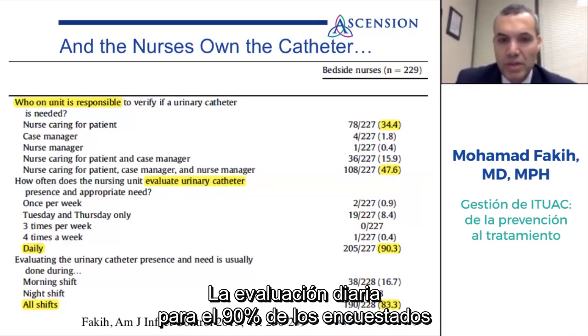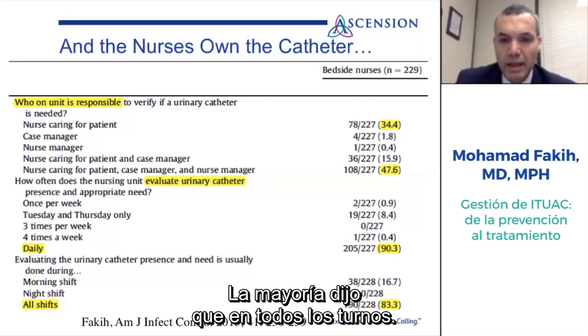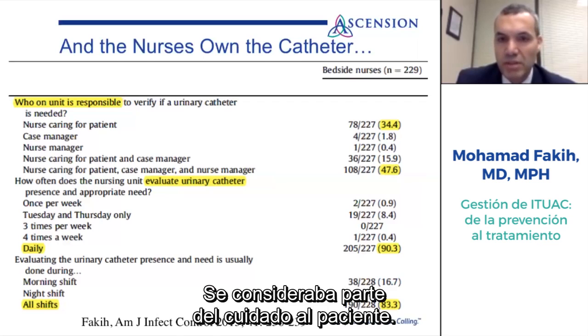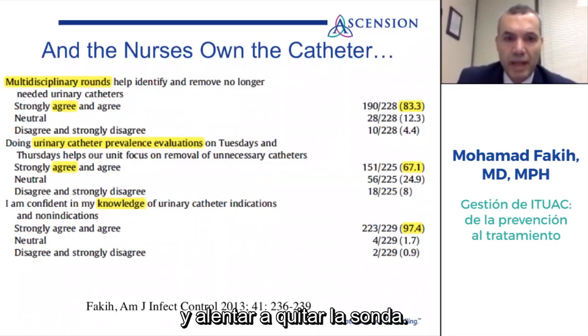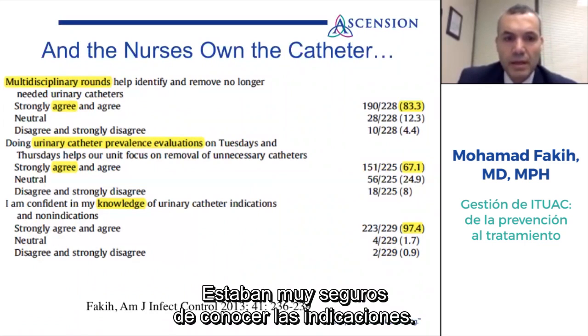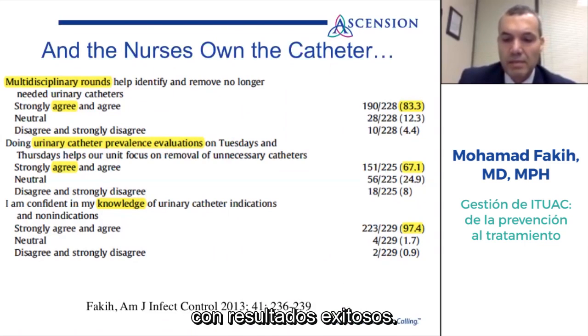And daily evaluation was more than 90% in their opinion that should be done daily, and vast majority all shifts. So it was considered as part of the patient care. And they were very happy with multidisciplinary rounds, pushing for catheter removal, and they were very confident in their knowledge about the indications. So you see the adoption was really strong in that hospital where they had the successful results.